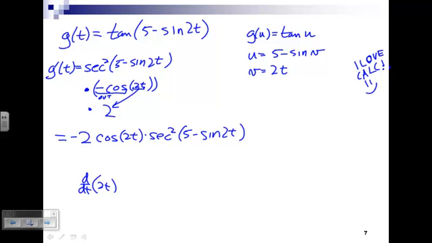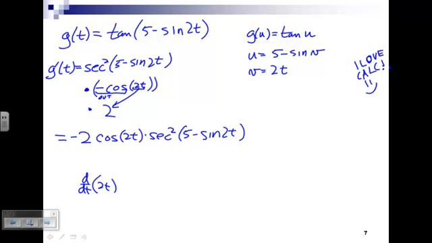Still feeling lost? Should we do another example? Okay. Now, there's two ways to explain it. For each step of the way, I'm going to put a green underline on the outside function.